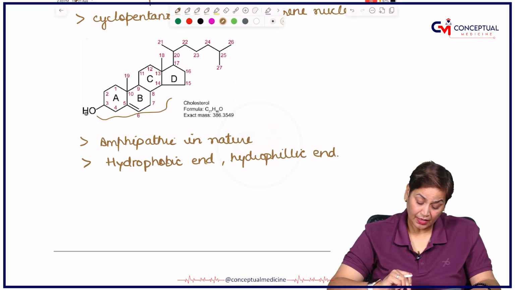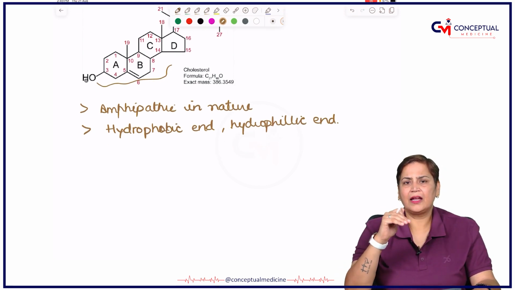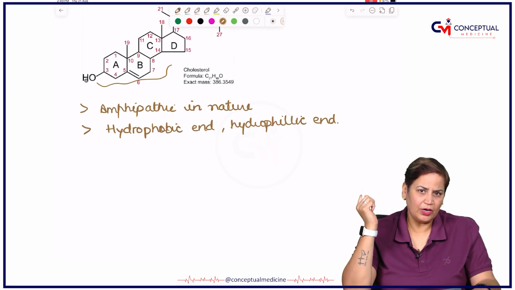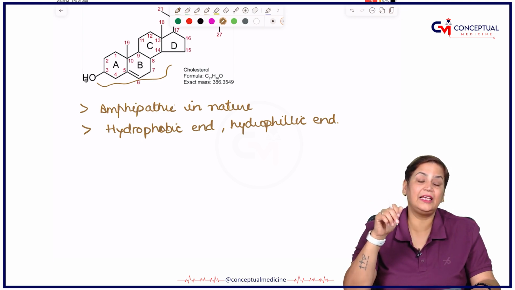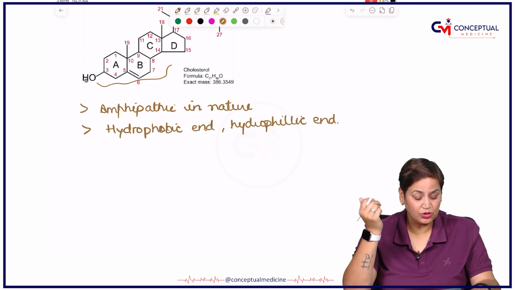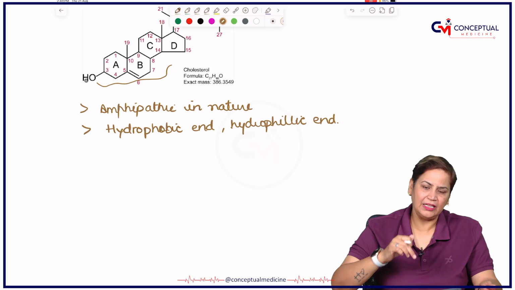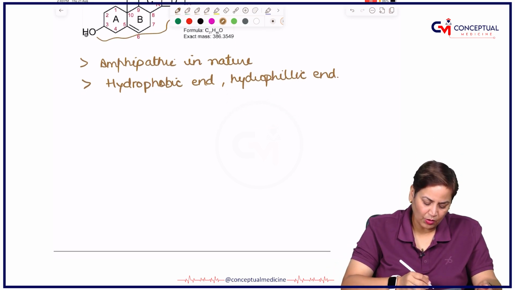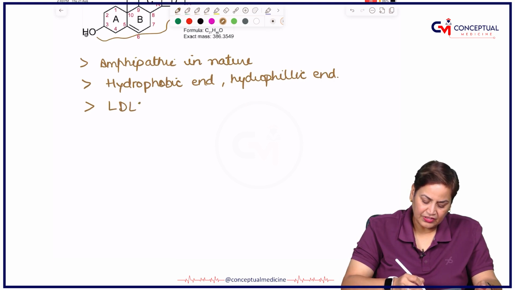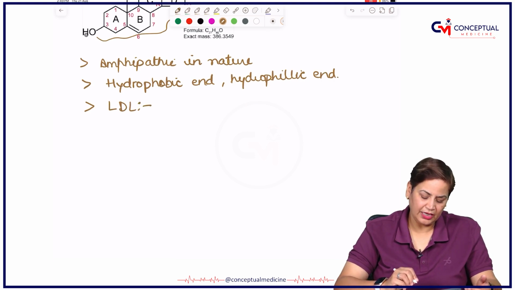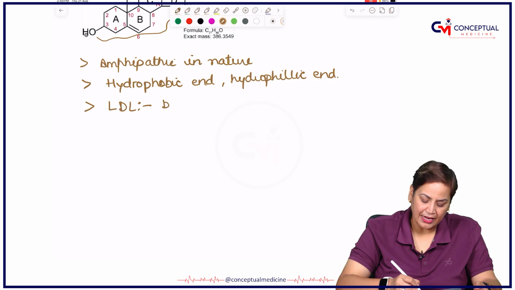Then what are the carriers of cholesterol in the body, which we have already discussed in detail in the metabolism of lipoproteins. But since we have started discussing cholesterol, these are the important points we need to cover here also. Always remember LDL, which is low density lipoprotein, we call it bad cholesterol.